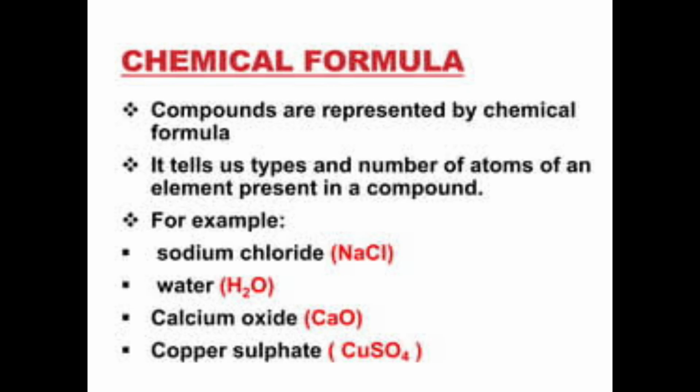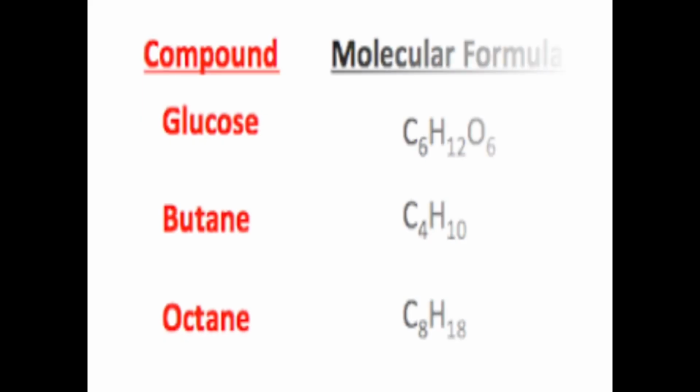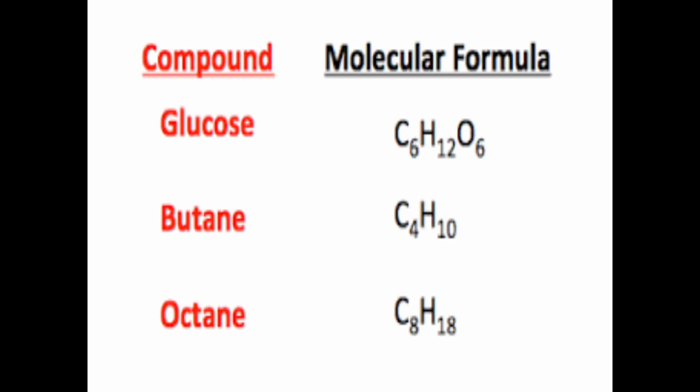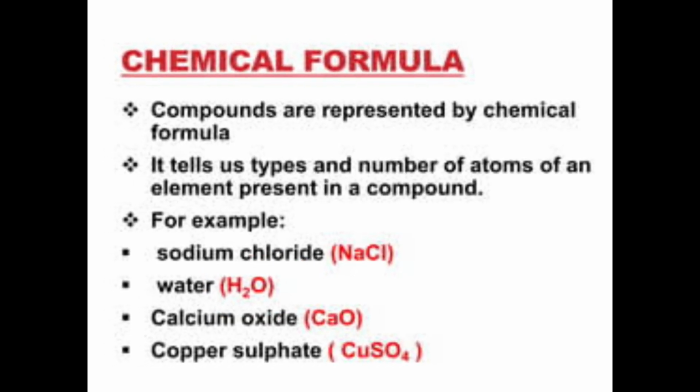Like you see here, H2O, this is the formula of water. We are not saying that this is the symbol of water. Why? Because, let's get back to our previous slide.